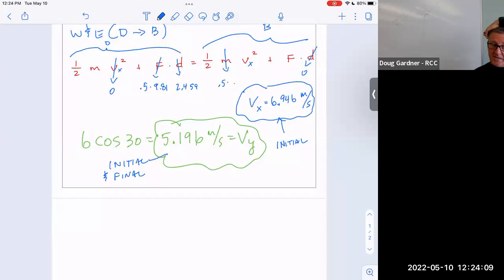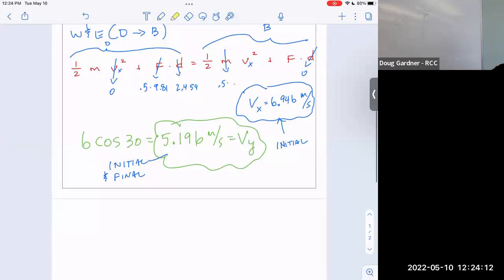Yeah, because this is at B. We're at B now, but we haven't bounced away from B. So this is like a billionth of a second before B. That's why I just wrote initial there, because it's actually just before impact. But now it's about to bounce off and a billionth of a second later, it's going to be slower thanks to that 80% reduction, right?